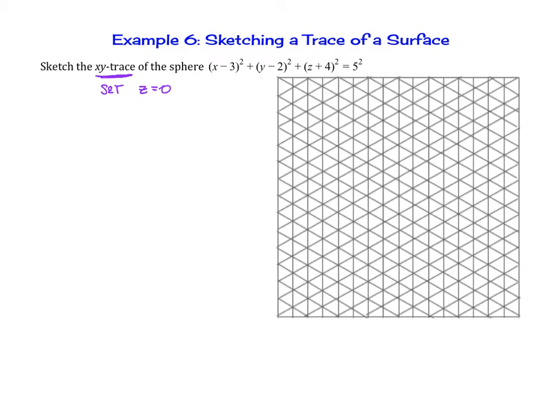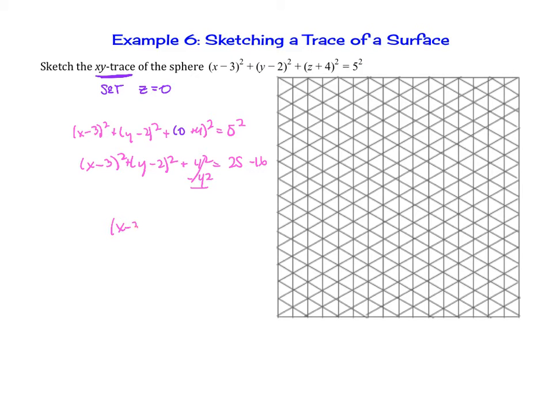So let's do that. We have x minus 3 squared plus y minus 2 squared plus, and we're going to set z equal to 0, plus 4 squared equals 5 squared. So this is x minus 3 squared plus y minus 2 squared plus 4 squared equals 5 squared, which is 25. So we're going to subtract 16 from both sides.